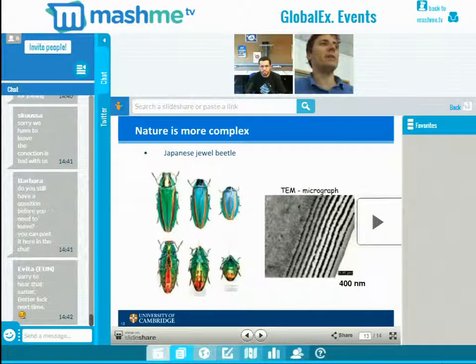And the way these beetles make these colors is again using transparent chitin multilayers with air. And in this case, the distance between the multilayers changes, and that's how these beetles get extremely nice and shiny colors, even whiter than the ones of the butterflies.